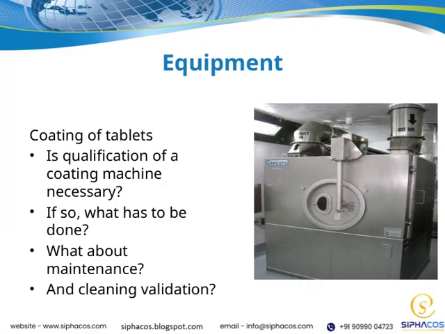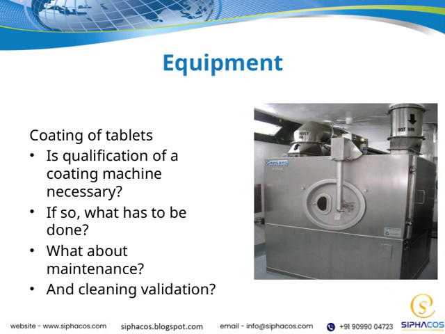Let's talk about the coating of tablets. First, a key question is whether qualification of a coating machine is necessary. The answer is yes. It is crucial to ensure the machine consistently produces quality coatings. So, if qualification is needed, what exactly has to be done? Well, it involves a series of steps including installation qualification, operational qualification, and performance qualification.